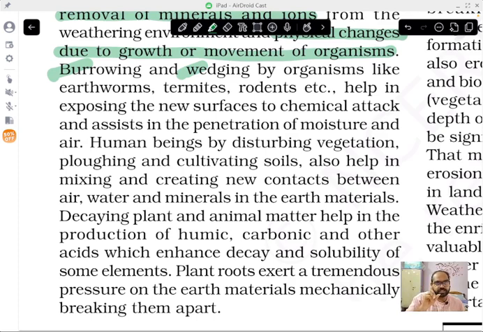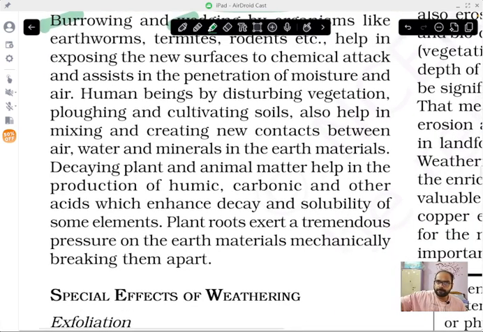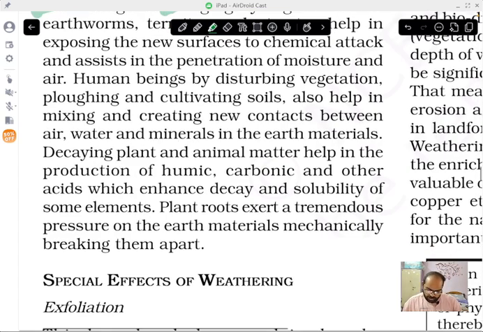So it is biological weathering. Even due to agricultural activities, different layers of soil get exposed, or vegetation is removed from the soils, so that soils become weak and weathering happens. Okay, and that is one thing.